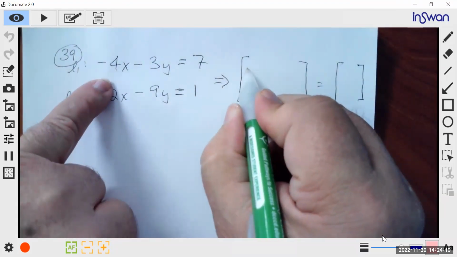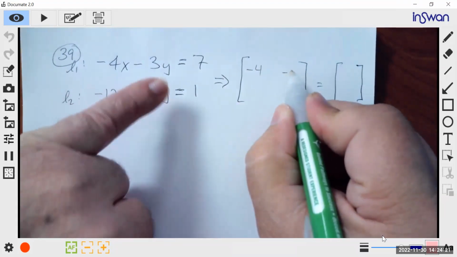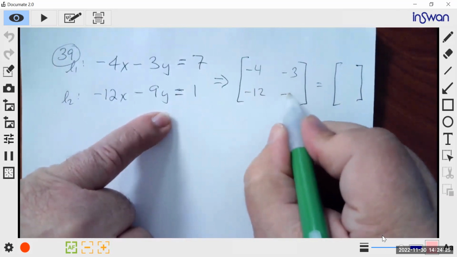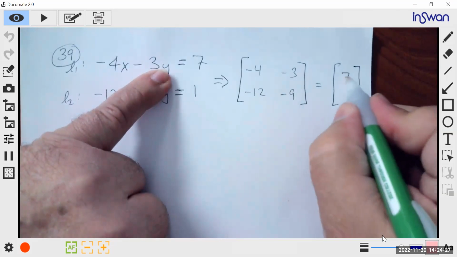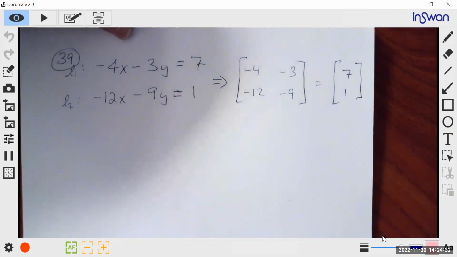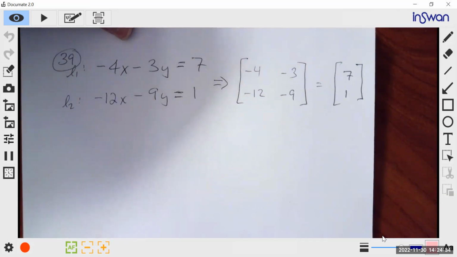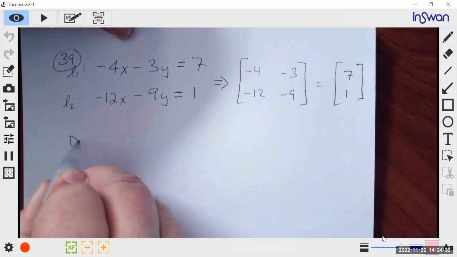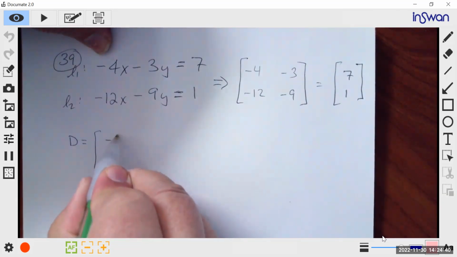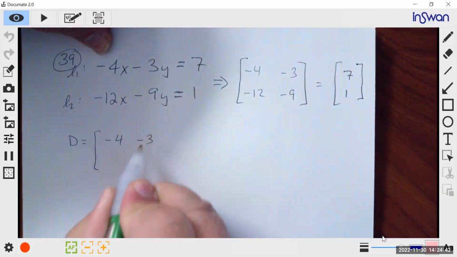So here we have -4, -3, -12, -9, 7, and 1. Our main determinant is the original matrix.